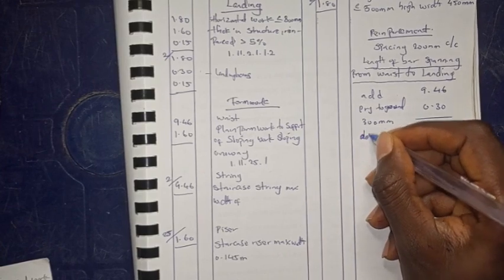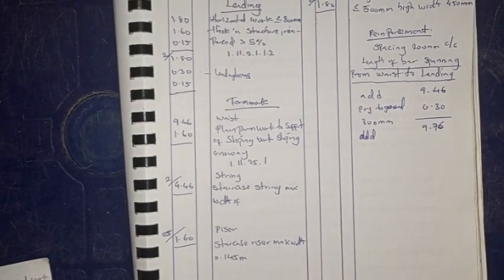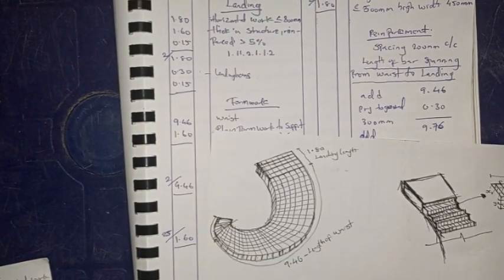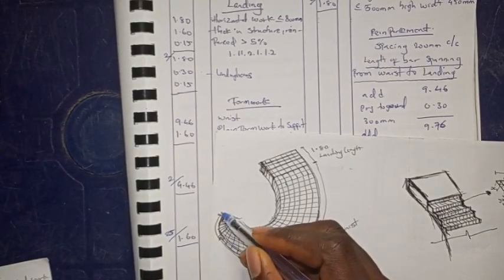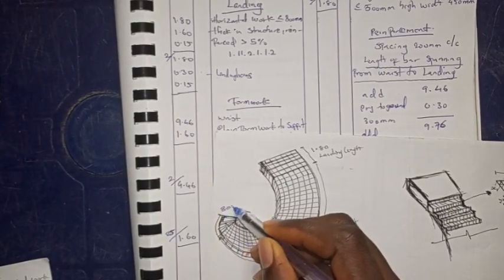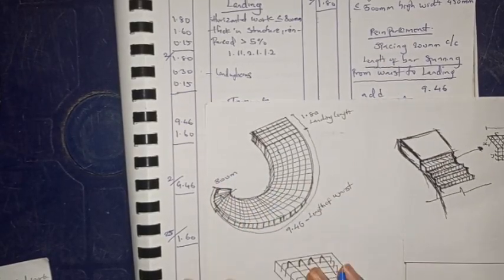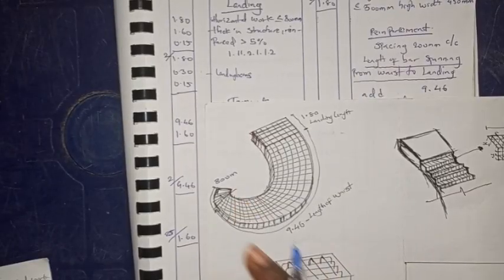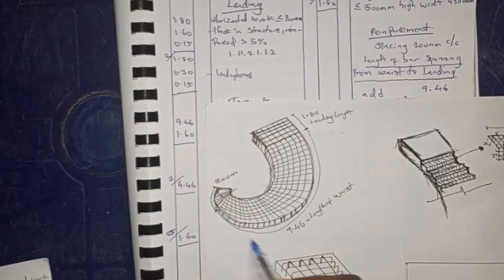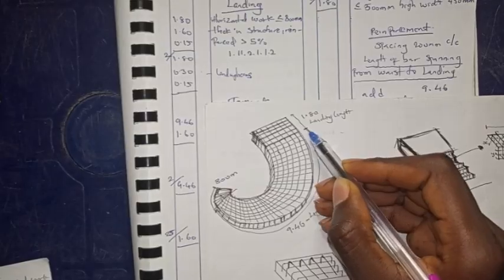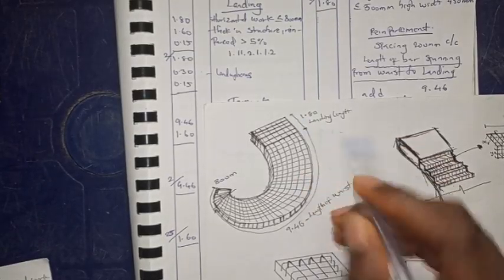So we'll add our landing. From our calculation so far, we've gotten the additional 300 mm for the projection to ground. We've included the length of the stairways, so we want to add this one.